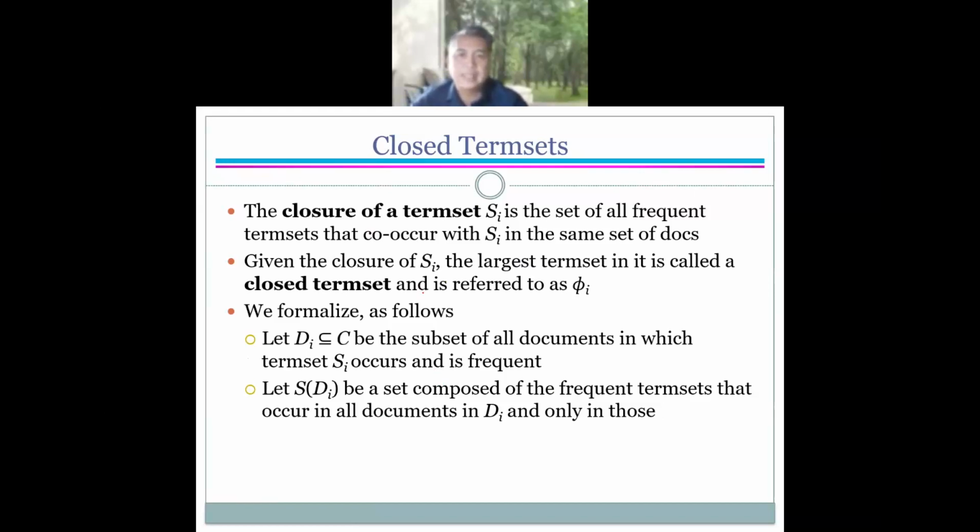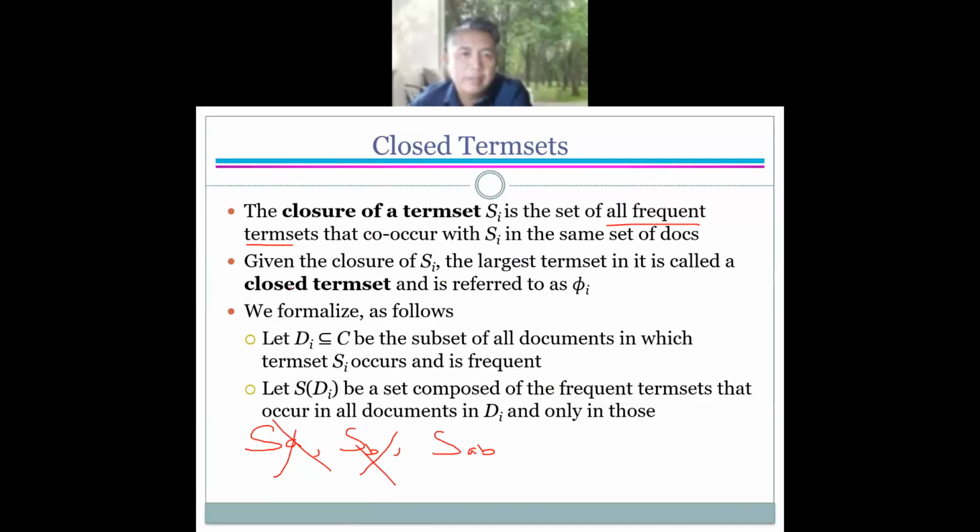Okay, so this is the definition here. The closure of term set Si is the set of all frequent term sets. So if you have SA and then SB and then SAB, we do not have to consider this. By doing that, we have reduced the number of elements that we want to calculate. Okay.